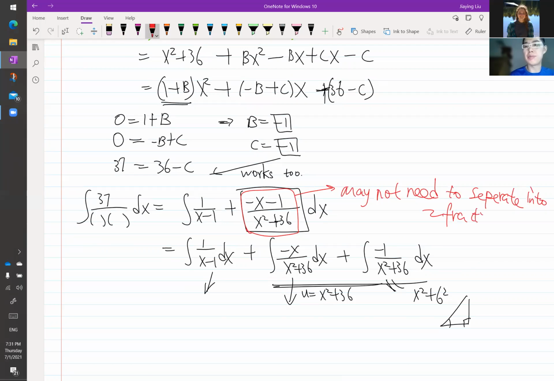Depends on what you have. Sometimes it's easier if you separate. Sometimes it's easier to just take what you have and integrate directly. So look at this example and do your best, I guess.